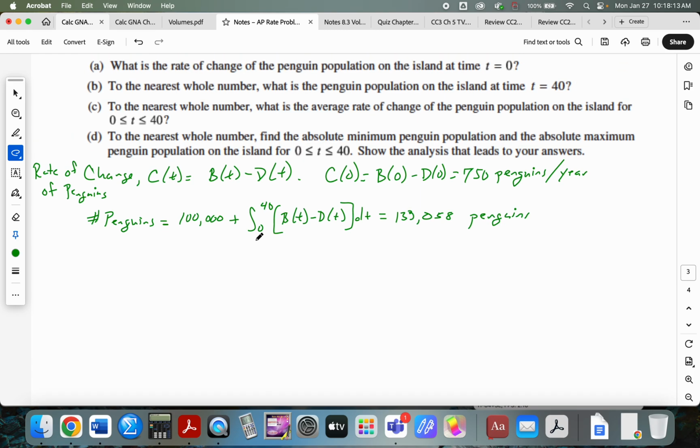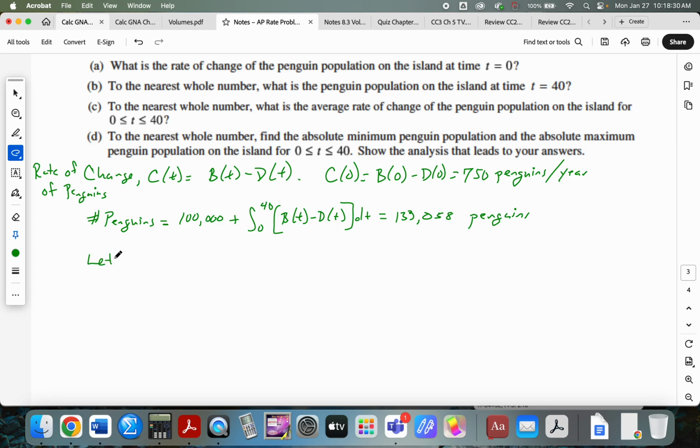All right, to the nearest whole number, what is the average rate of change of the penguin population? Okie dokie. So again, this starts driving people crazy.